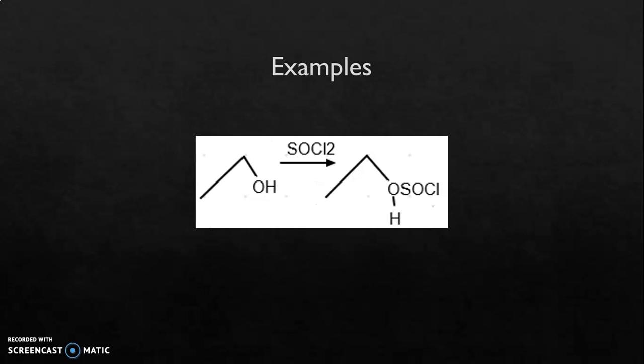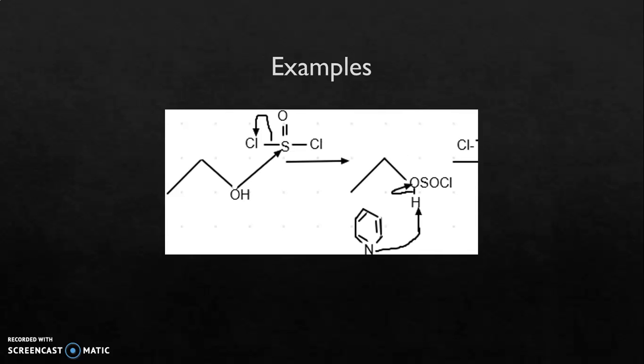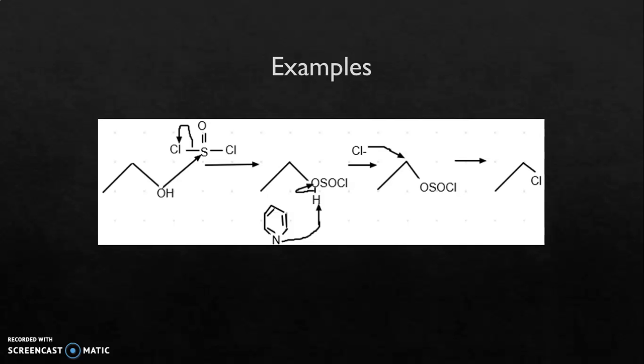After it looks like this, there is this troublesome hydrogen here, and there's going to be a pyridine in solution that's going to take care of that for us. Once that's removed is when the chloride can bump the other molecule off. And there we have our final product, our alkyl chloride.